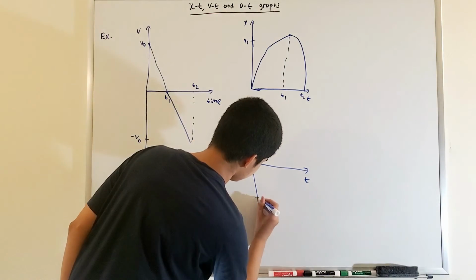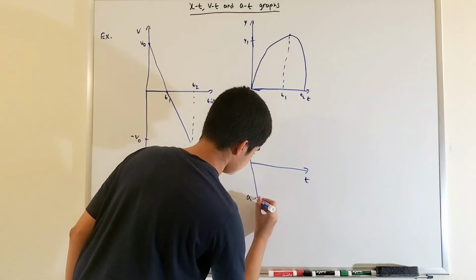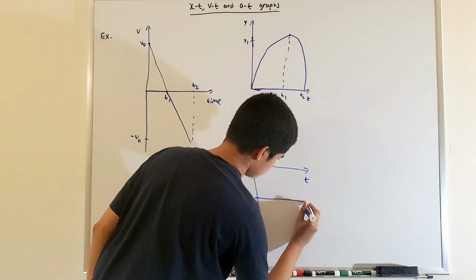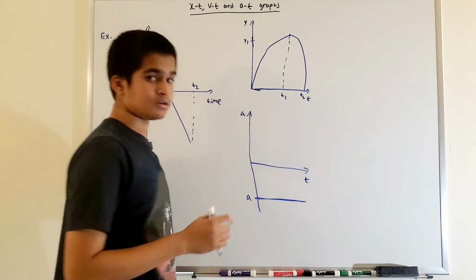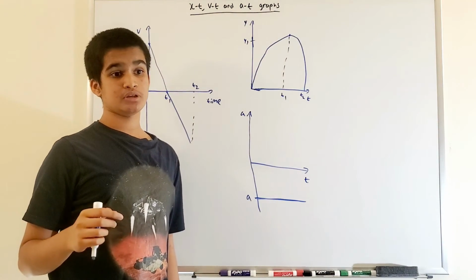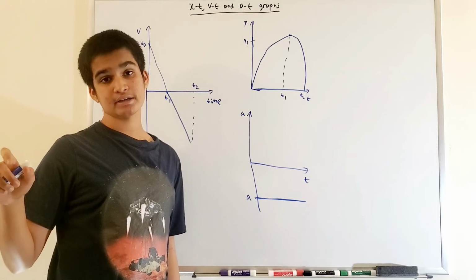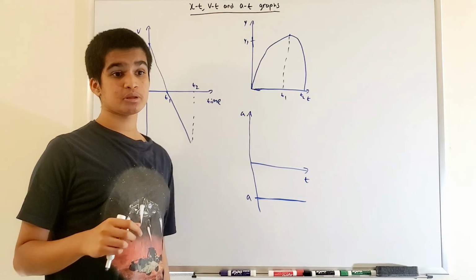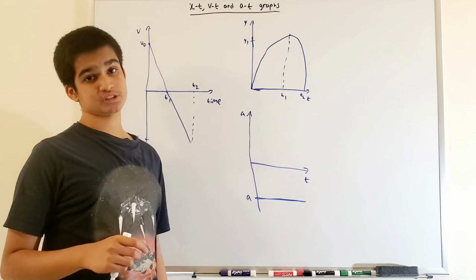So our acceleration is always going to be some constant throughout the whole trip. And this constant, we will later find out, is the gravitational acceleration, g, which is approximately equal to negative 9.8 meters per second squared.